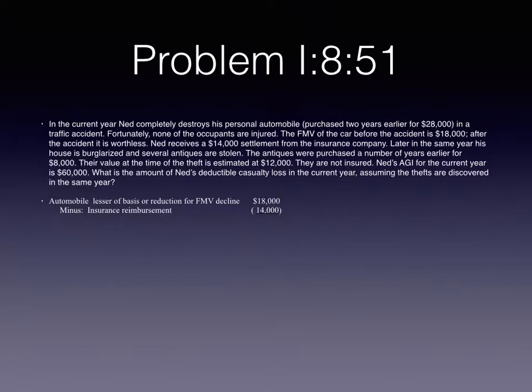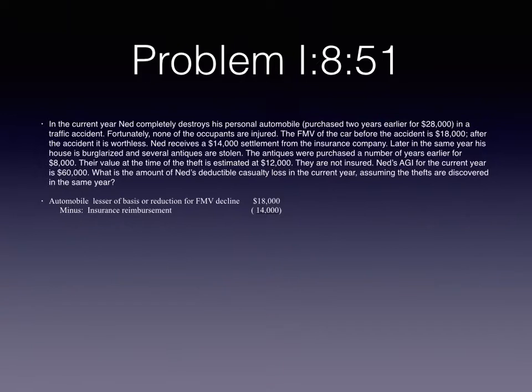You start with the automobile, and you're going to look at either the lesser of what the basis was or the reduction for fair market value decline. Basically, in this case, basis was $28,000. Fair market value before was $18,000. After was 0, so the decline there is $18,000. $18,000 is less than $28,000, so that's what you're going to plug in there.